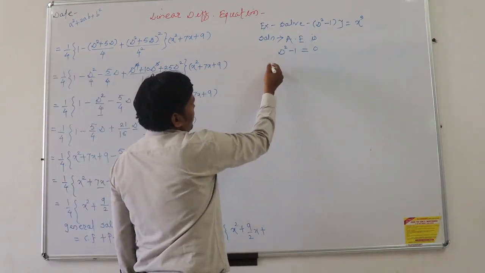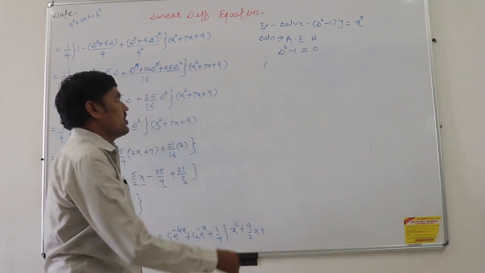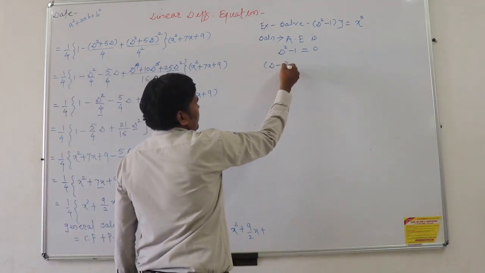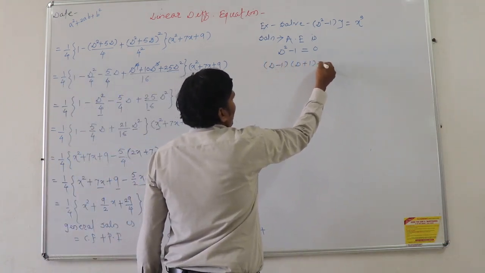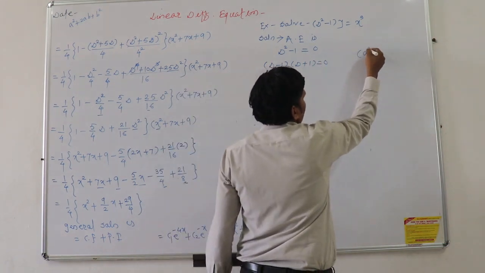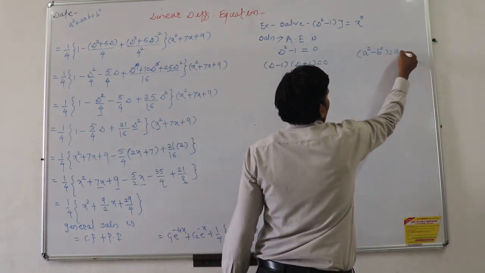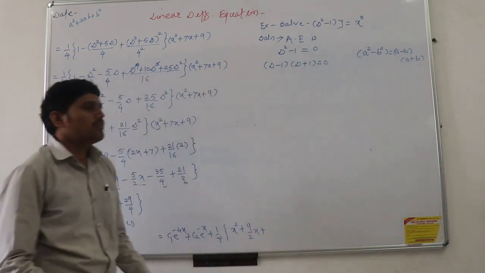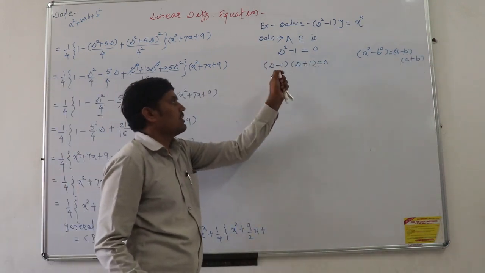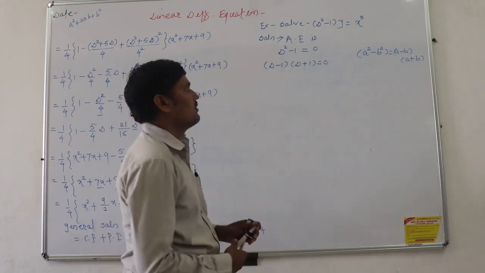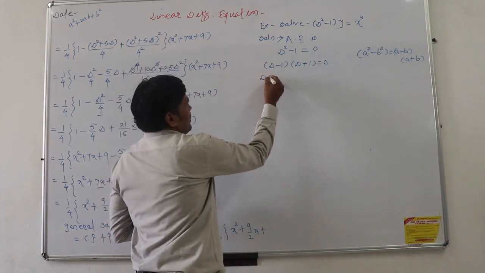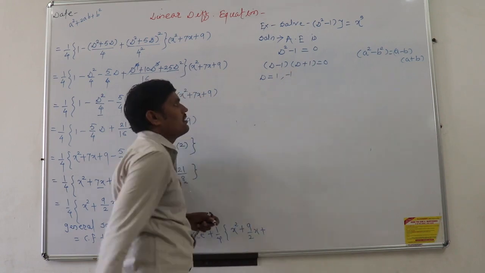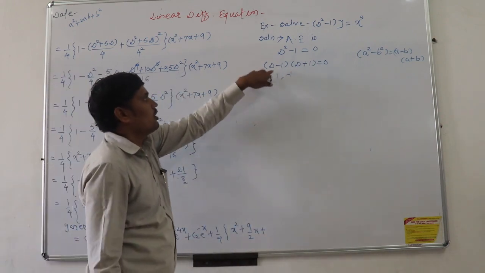D square minus 1 can be written as (D minus 1)(D plus 1) by using a square minus b square, that is (a minus b)(a plus b). So (D minus 1)(D plus 1) equals 0, and then D equals 1 and minus 1. These are the factors of D square minus 1.